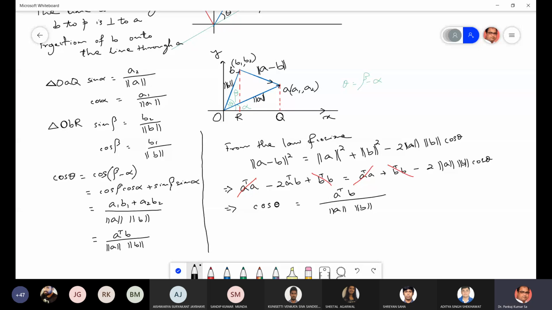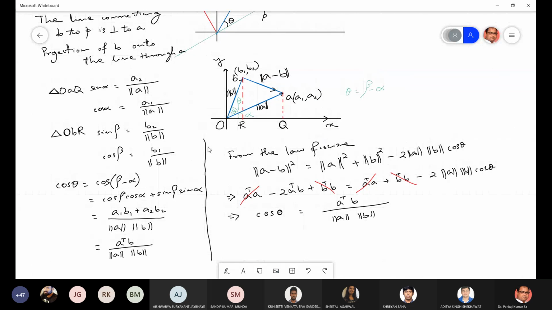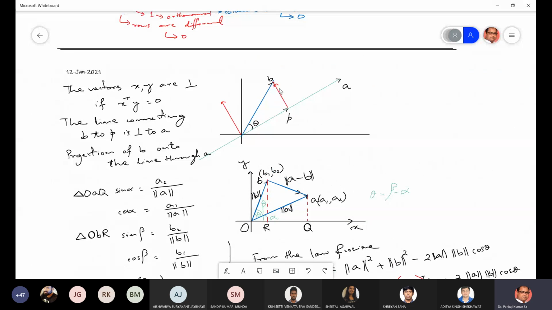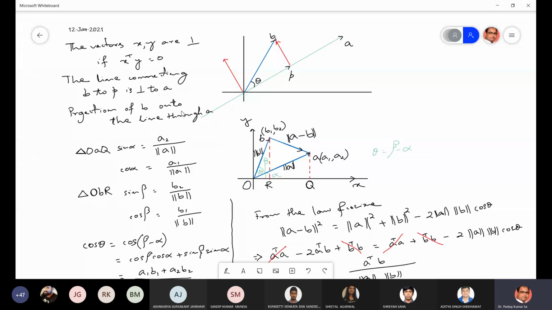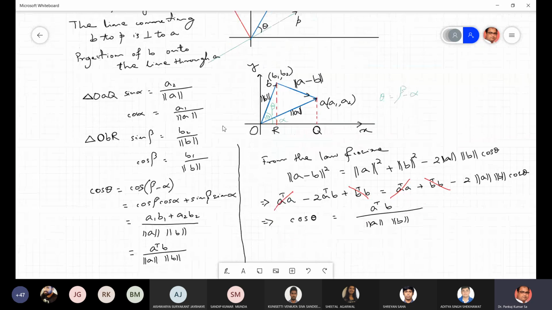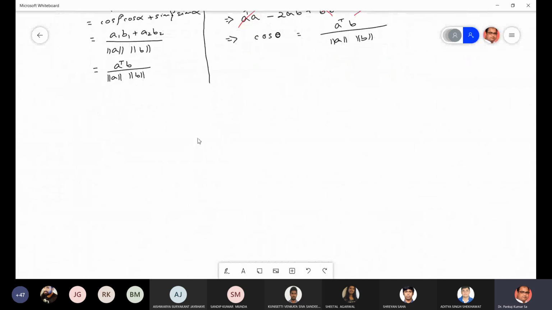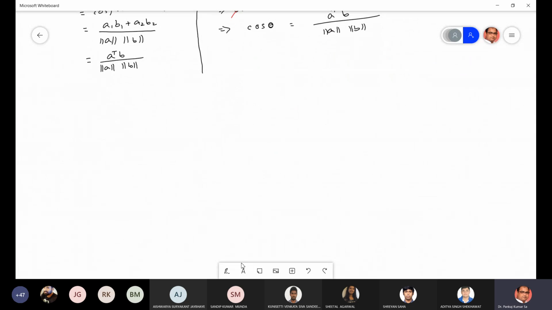Now, where we started actually, we started from here. Our objective is to find this red line, the projection of B onto the line through A. That is what our objective is. Okay. So, what is P?